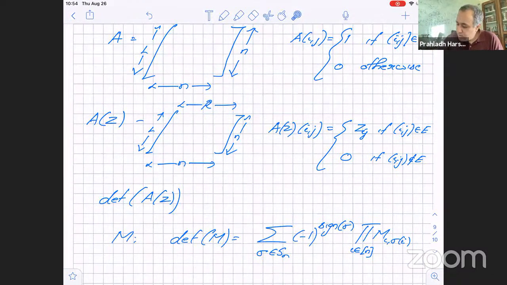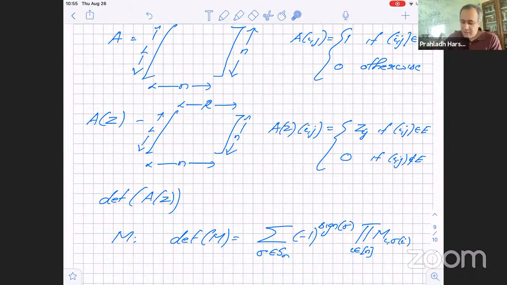It looks at the matching specified by sigma. Sigma is a candidate matching. There are n factorial matchings, going over all Sn. It looks at Mi sigma I, this product just over the edges corresponding to this matching, multiplies all of those corresponding entries in the matrix, and then multiplies it by the sign of the permutation. This is what the determinant is.